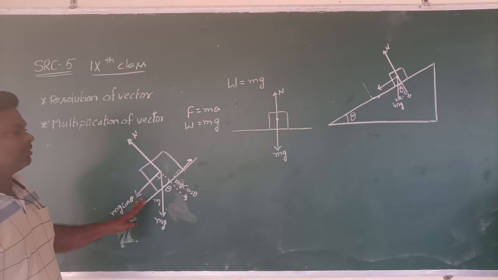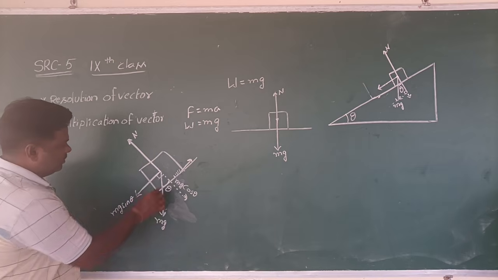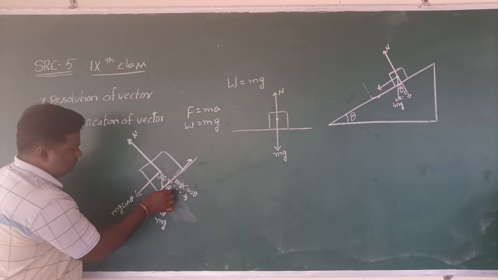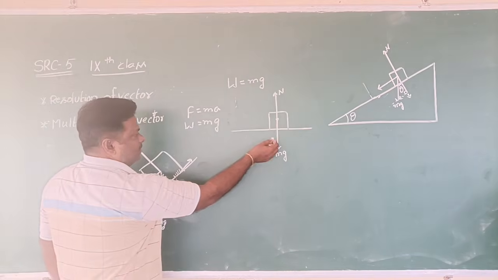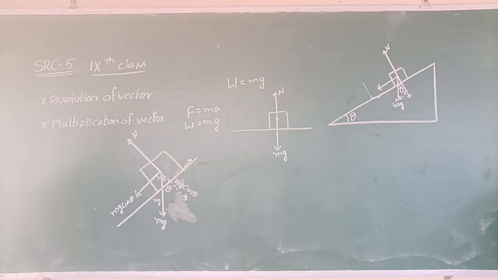The angle made by the normal with weight is equal to theta here, but in the earlier case nothing is there. No theta is there. Weight doesn't make any angle with the normal. So the normal N is equal to what?